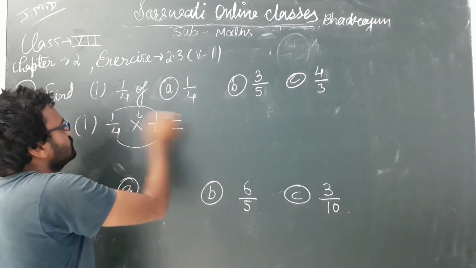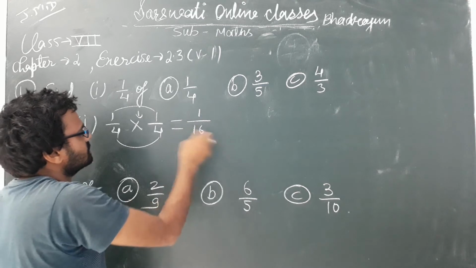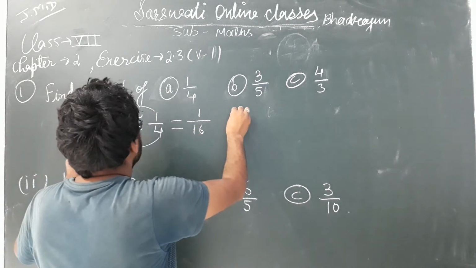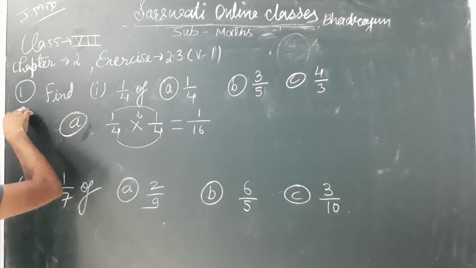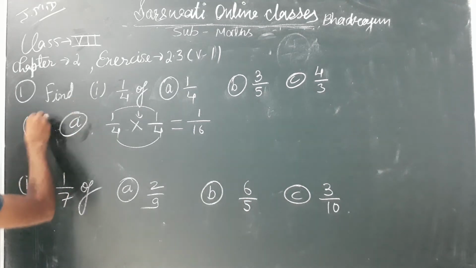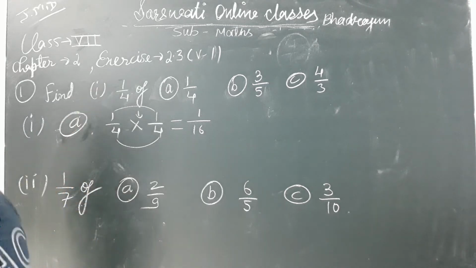So 1 into 1 is 1 and 4 into 4 is 16. So our answer is 1 upon 16. This was question number 1, part 1, sub part A.